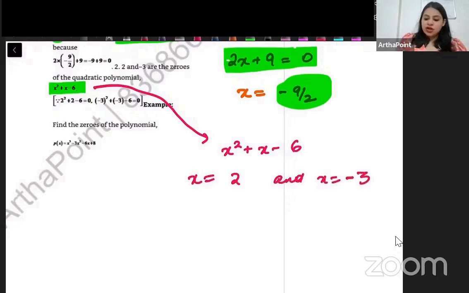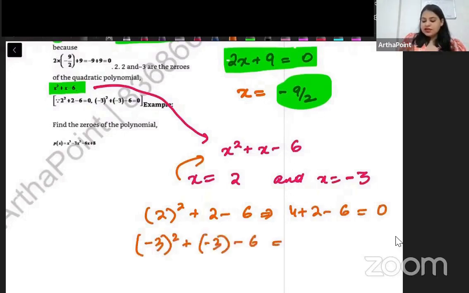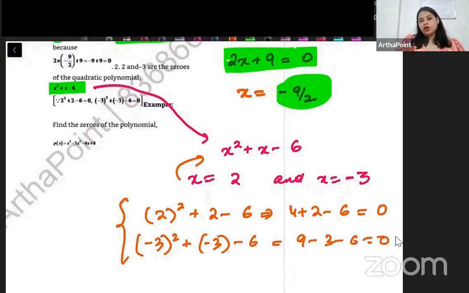Let us go ahead and check. When I put x as 2, I get 2 square plus 2 minus 6, 4 plus 2 minus 6, 6 minus 6 is 0. Similarly, when I put x as minus 3, I get 9 minus 3 minus 6, which is 0. So these two are in fact zeros of the polynomial.